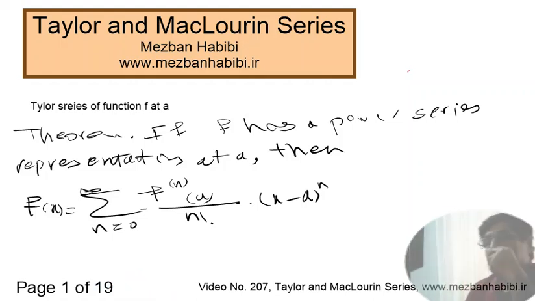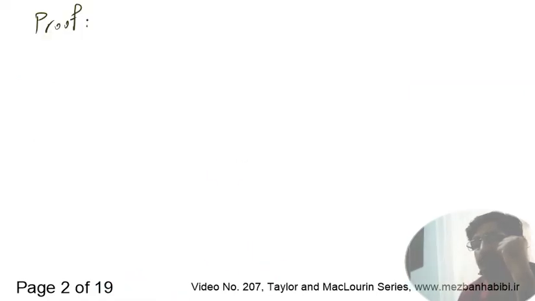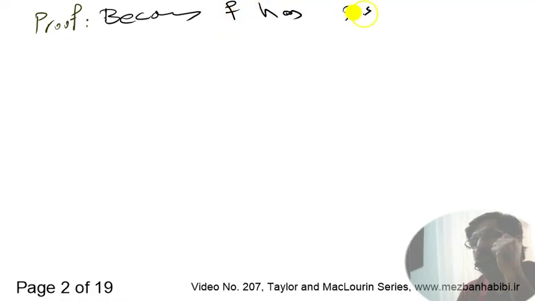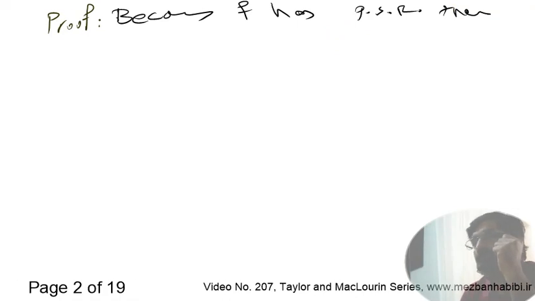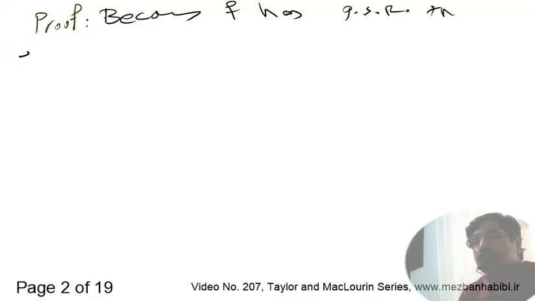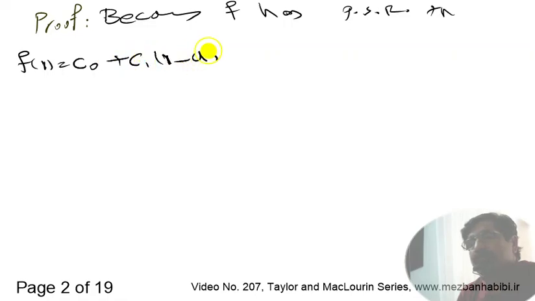We introduce a little bit of its proof. Because f has a power series representation at a, f of x equals c0 plus c1 times x minus a plus c2 times x minus a squared plus dot dot dot.